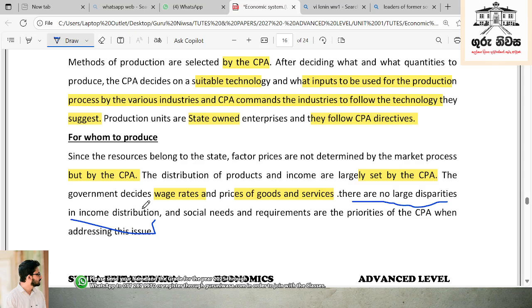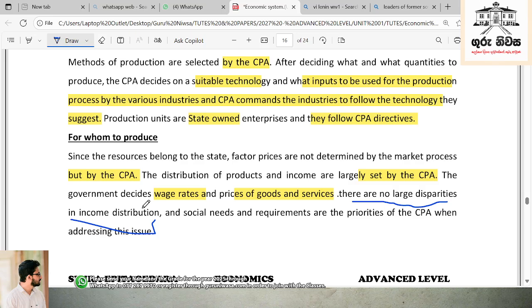No. There are some disparities, meaning differences, yes, but up to a certain level, not like the market economic system. In the market economic system, distribution of income is unfair, totally unfair. But in this system there are no large disparities. There are some, but it's not big.